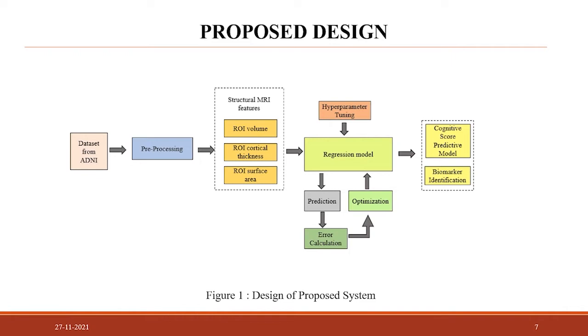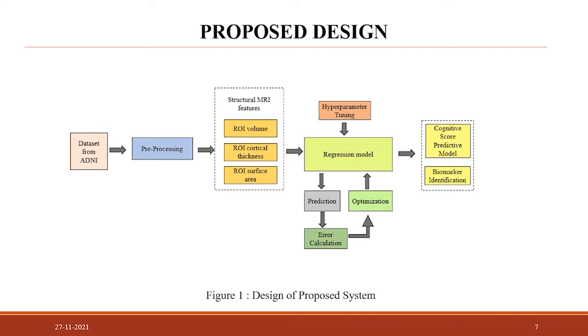The pre-processing is done by removing the empty columns and cells with NaN values. Then the missing values are filled with the random forest algorithm. After the missing values are filled, min-max normalization is applied on the imputed data set.